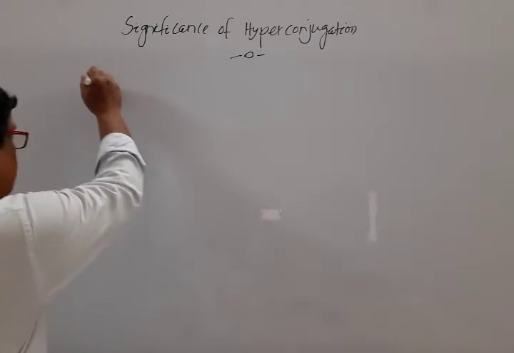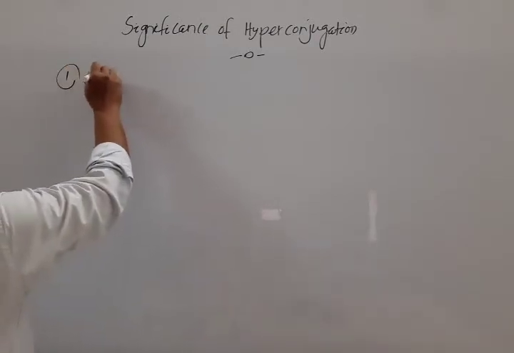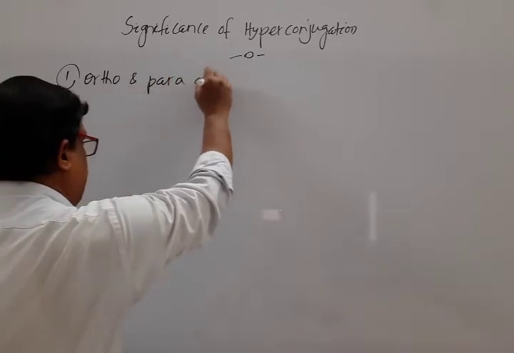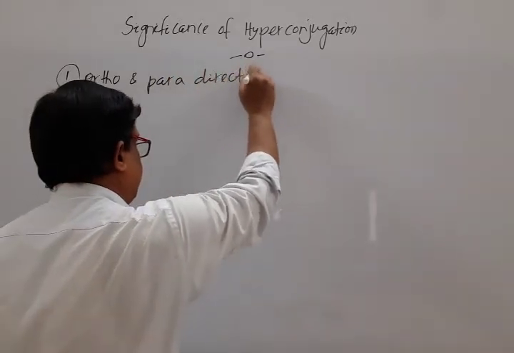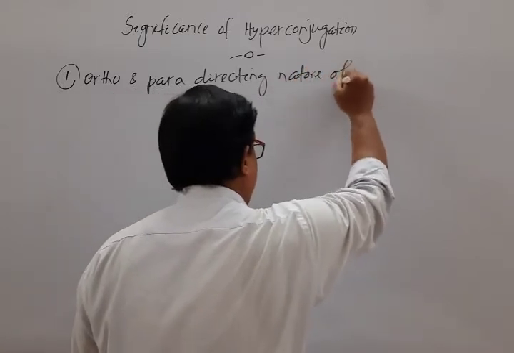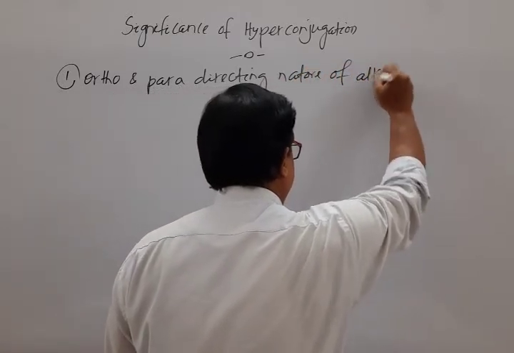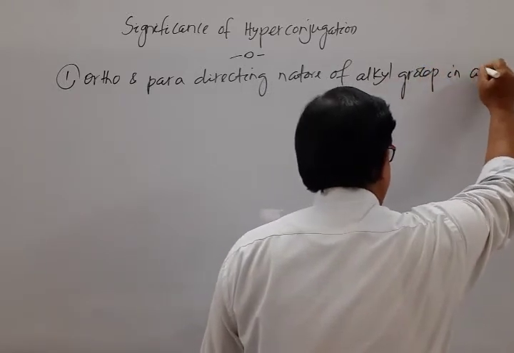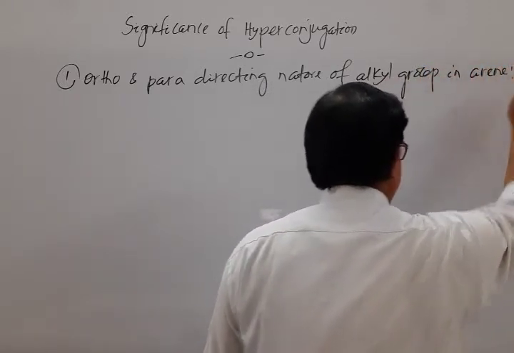Point 1, the first application: the ortho and para directing nature of alkyl groups in arenes, in the benzene nucleus.